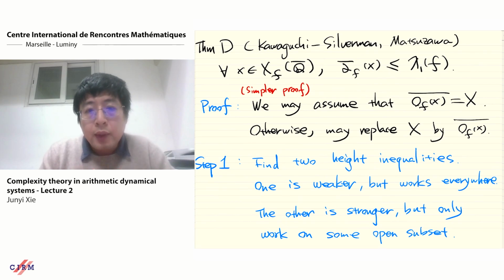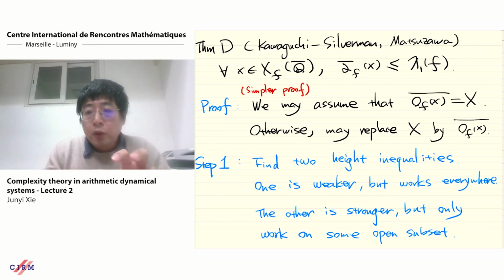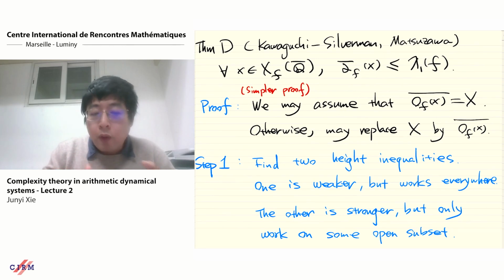If you want to have such an inequality, you need to get some height inequality, and here our argument is that we want to find two height inequalities. One height inequality is quite weak, but it works everywhere. And we also want to construct another, stronger inequality, but it does not work everywhere. It only works on some open subset.